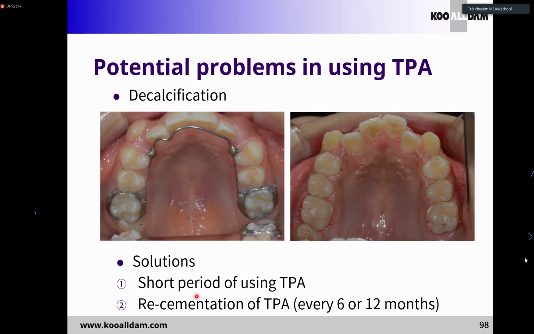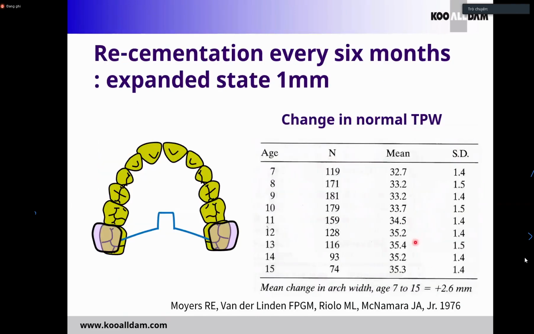And also, I want to re-cement TPA every 6 or 10 months. I did. At that time, I want TPA expanded the state 1 millimeter like this.